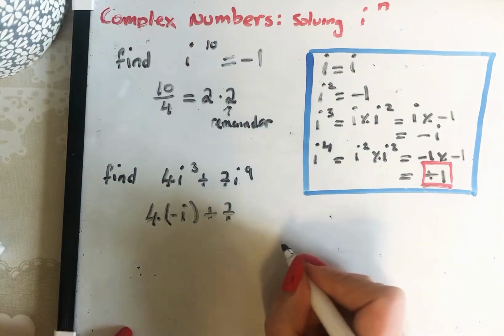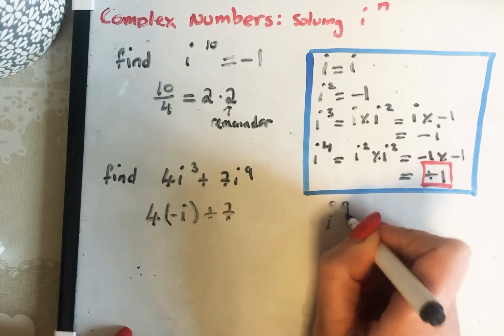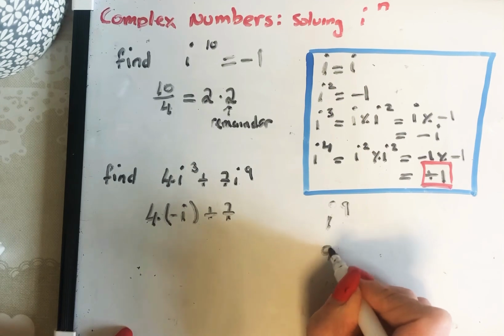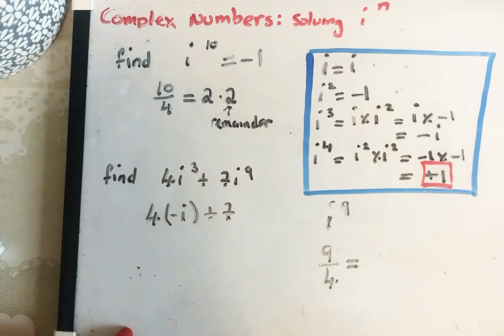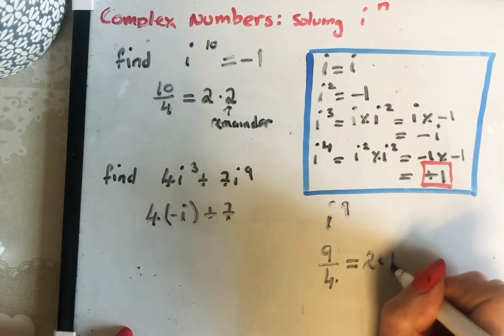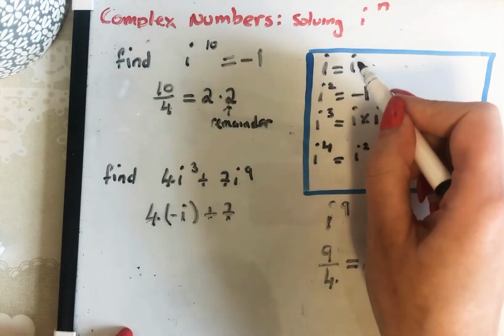Now, let's do a little bit of work down here. So i to the 9. Well, we say, how many times does 4 go into 9? And 4 goes into 9 2 times, with a remainder of 1. And we say, well, what is the power of 1? And of course, the power of 1 is i.